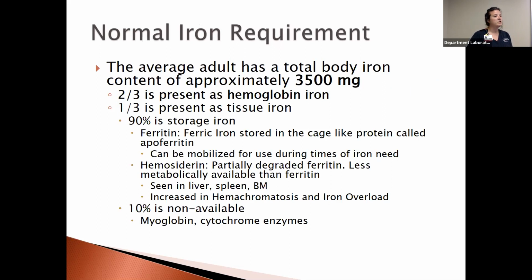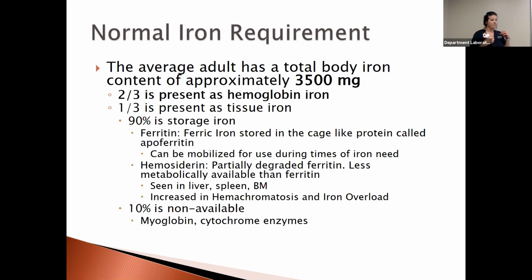All right, so the average adult has a total body iron content of approximately 3,500 milligrams. All right, 2/3 of that is going to be composed inside that hemoglobin. 1/3 is going to be present as storage in tissue. And that is going to be 90% either ferritin, which is iron attached to what we call apoferritin.